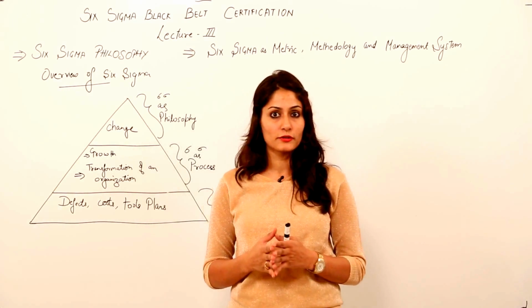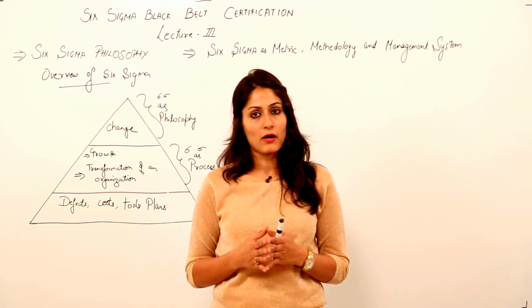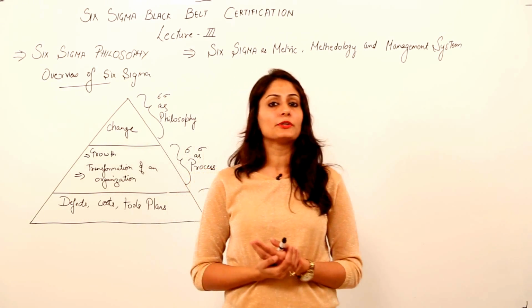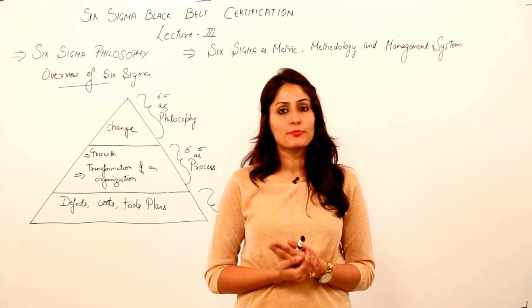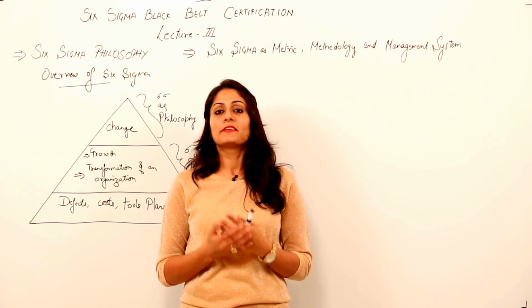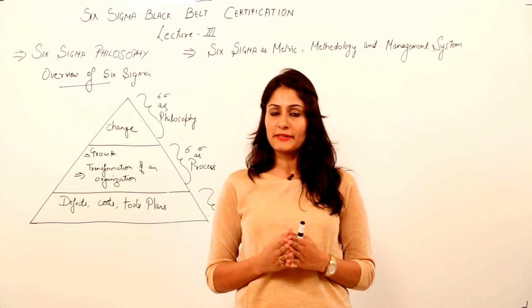Let's move on further. There is a philosophical element associated with Six Sigma. The underlying belief is that the highest quality producer is the lowest cost producer. And allied with this belief is a concept that variation is the root cause of performance limitation.